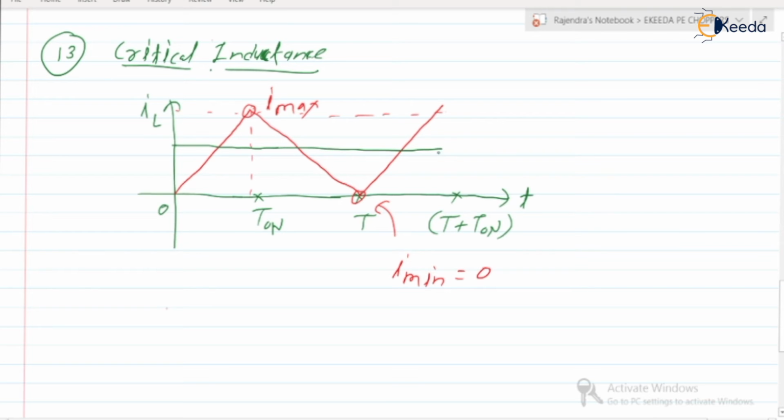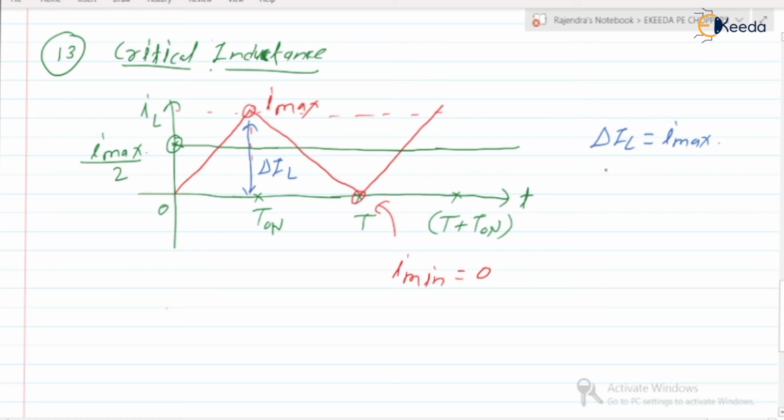So it is like Imax plus Imin by 2. So Imax plus Imin is 0, so it is like Imax by 2 only. What is the delta IL? Delta IL means what? Imax minus Imin. So this delta IL is nothing but Imax only. Okay, so for this case we can write delta IL is equal to Imax.